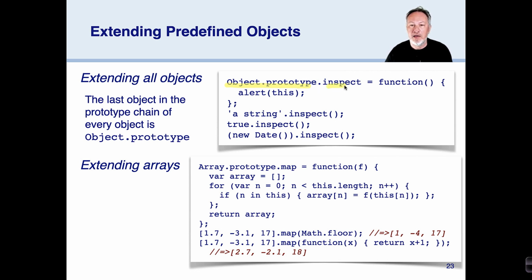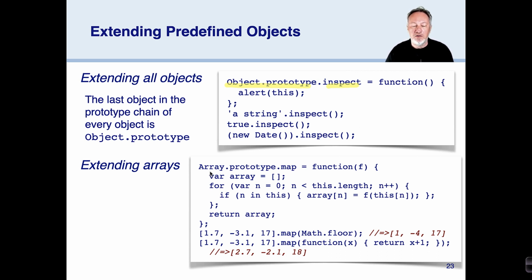So here we've added an inspect feature to object.prototype, which is a function that will raise an alert. So here the alert will essentially print that object and make it available to us.